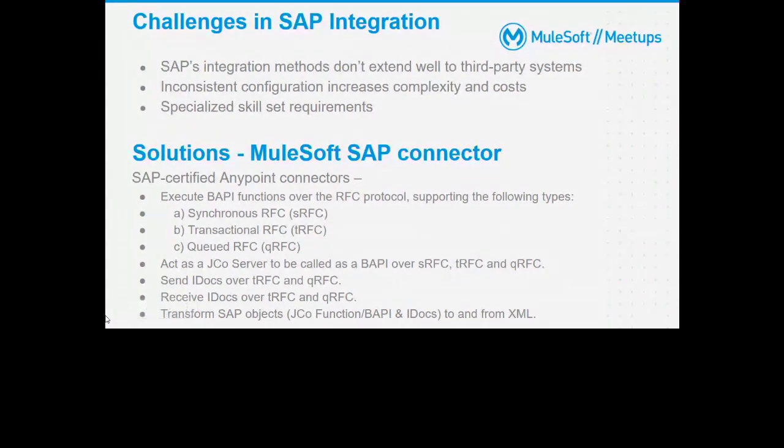It has IDocs, BAPI, ABAP, RFC, its own formats and protocols, along with its own JCo libraries, which makes it difficult to handshake or exchange message formats with most third-party systems today. That's the reason why it doesn't extend well.